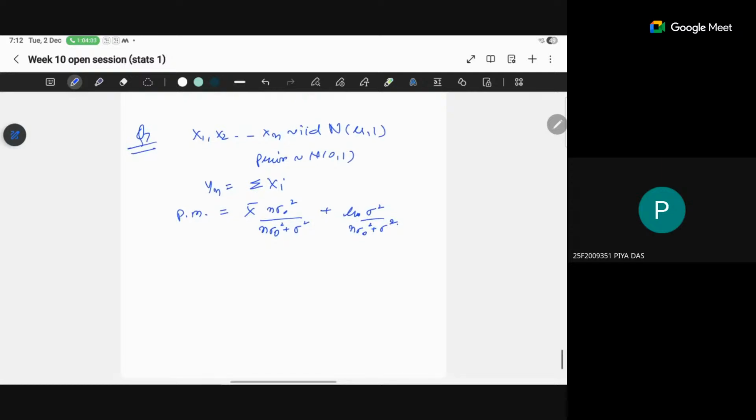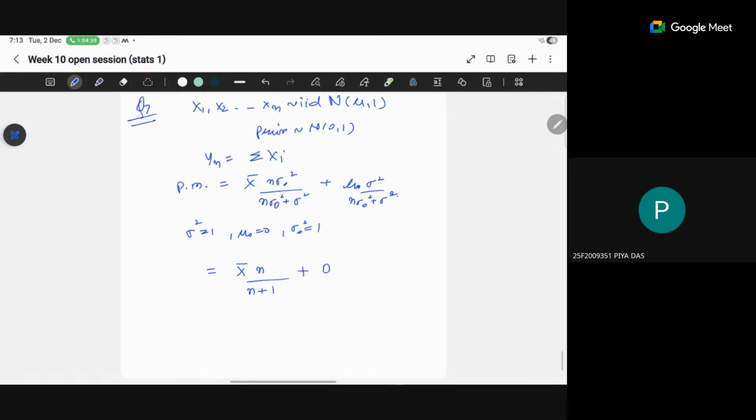If you see in the question, we have been given that sigma is 1, mu naught is 0, and sigma naught square is equal to 1 as well. Now, if you put these values, x bar into n upon n plus 1 plus mu naught, which is 0.